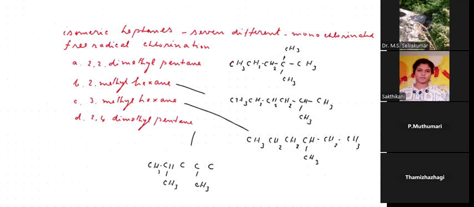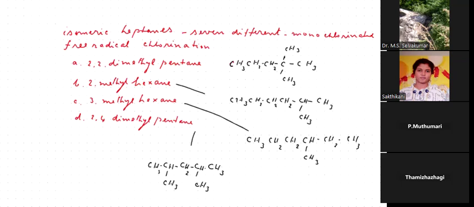Then you have to balance CH2, CH, CH3. You look here, if this chlorine is replaced, or this chlorine is replaced, all the 3 methyl groups, on the replacement of a hydrogen by the chlorine, all the 3 products will be the same, and this will be the 4th one, and this will be the 5th one, this will be the 6th one.